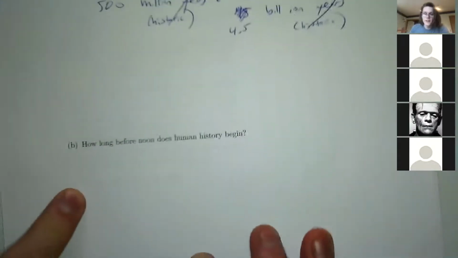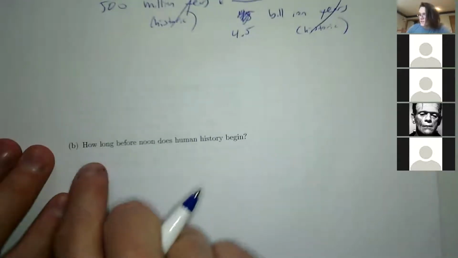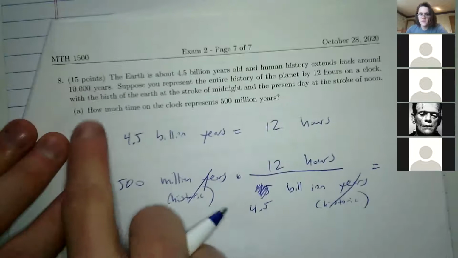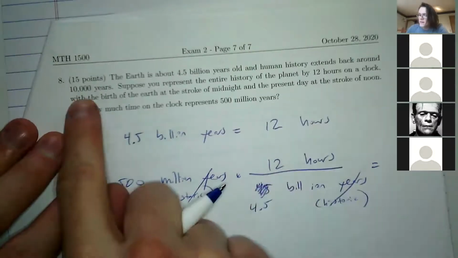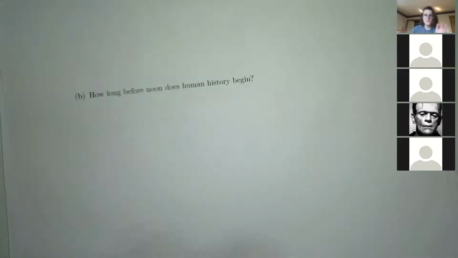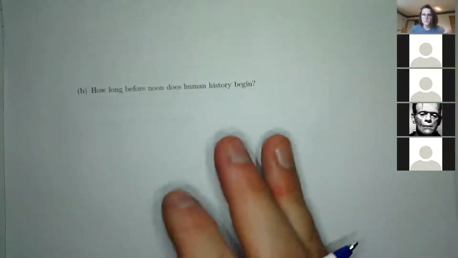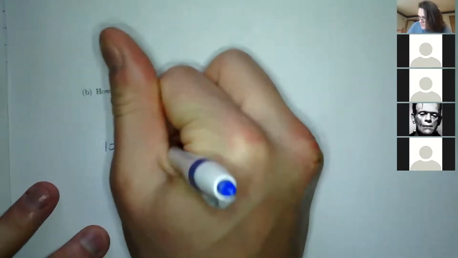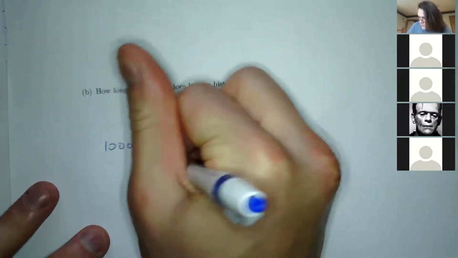Now, for the other one, it's going to be exactly the opposite. So how long before noon does human history begin? Up here, I say human history extends back about 10,000 years. So you take that 10,000 years and just convert it using the opposite. So I'll have 10,000 years, and again, this is historical.